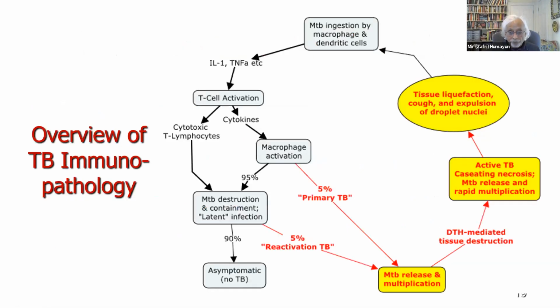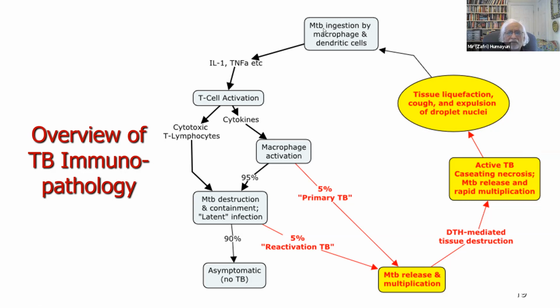In this chart here, we will undertake an overview of TB immunopathology. My purpose here is not to go through a lot of immunology, but just at an overview level.